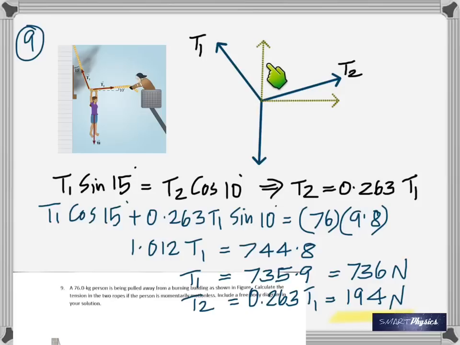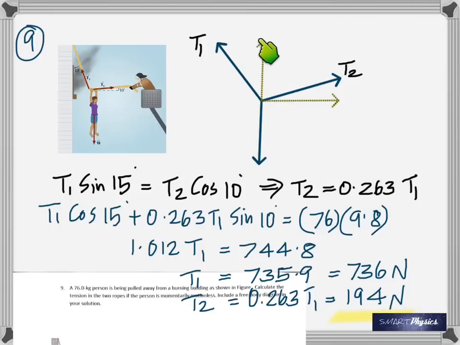Hold on. Now let's look at the y component. Somebody tell me, what is this component? How much? T2. Hello? 76. If this was T2 cos 10, wasn't it? So what is this? T2 sine 10. And then remember that T1 will also have a component here, which will be T1 cos 15.